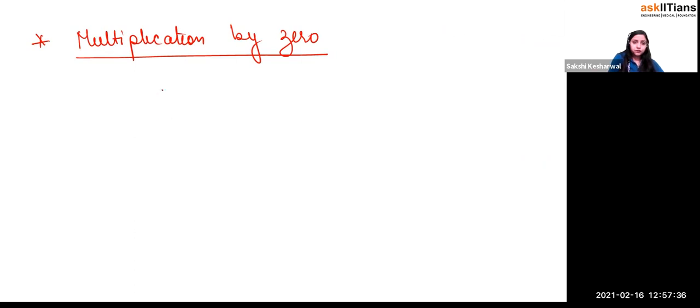If I say multiply 5 into 0, what does 5 into 0 mean? This is equal to 5 minus 5, which is equal to 0. Yes or no? Can I write this or not?